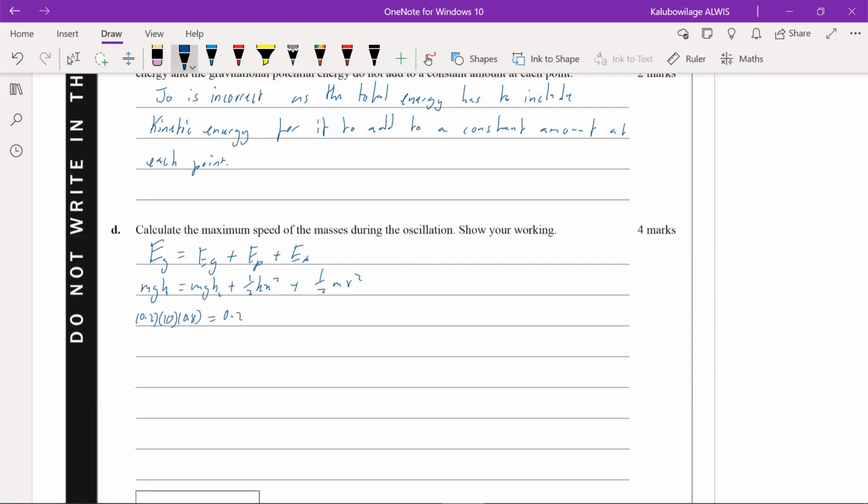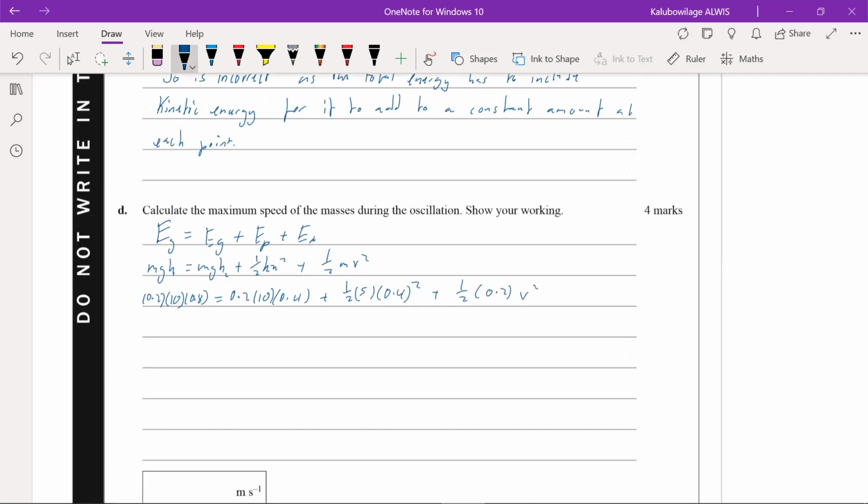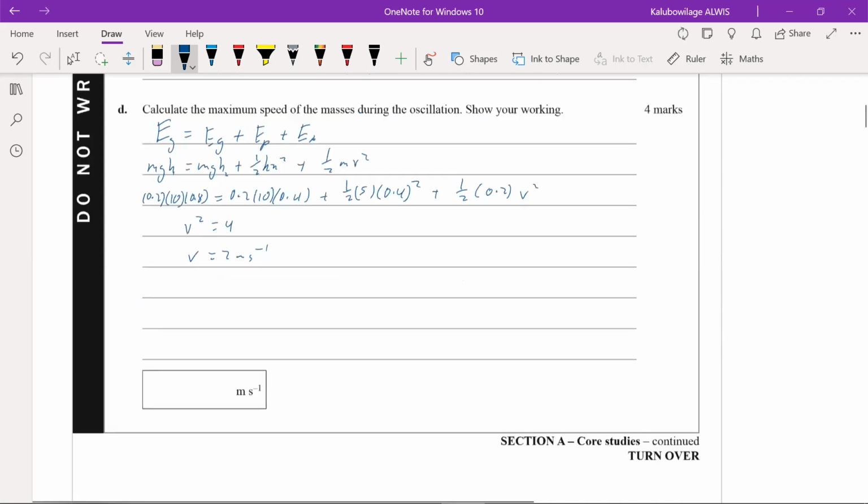And in the middle, it's 0.2, 10, 0.4, which we calculated before. It's stretched by 0.4 at the midpoint. I won't go through all of that, but v squared equals 4, so v equals 2 meters per second.